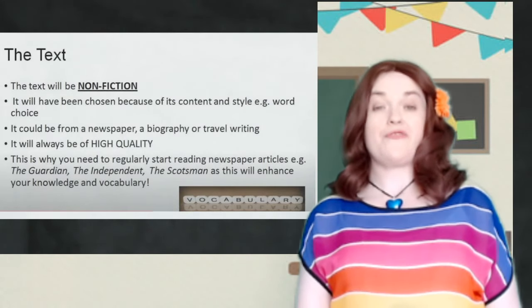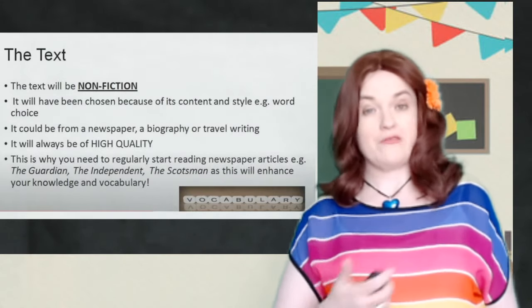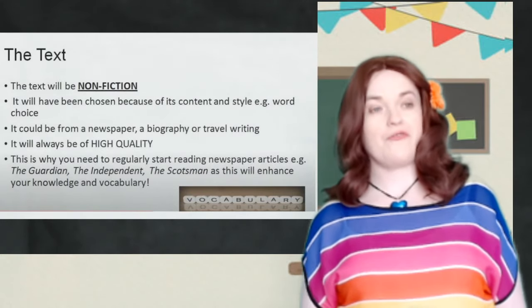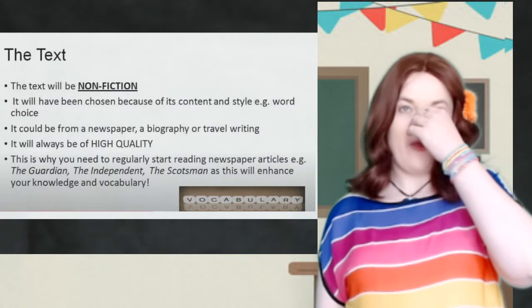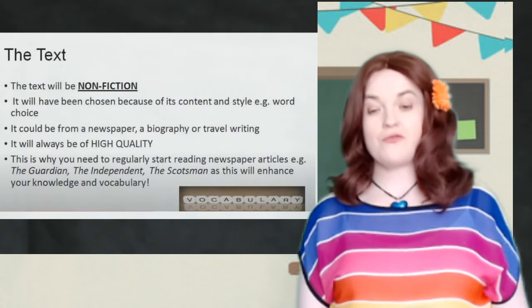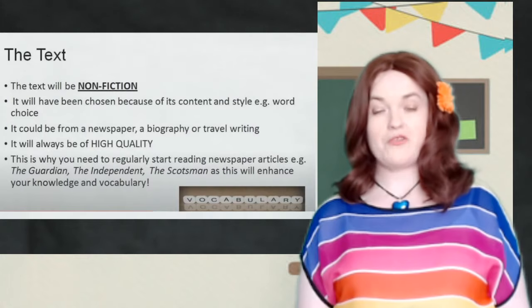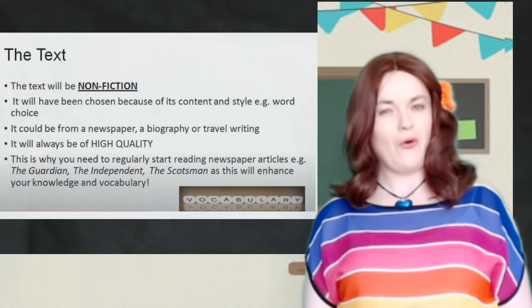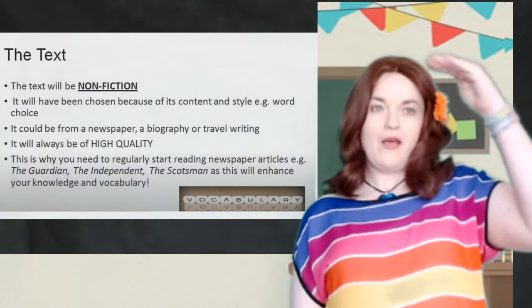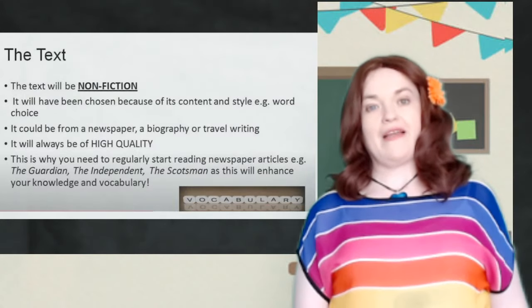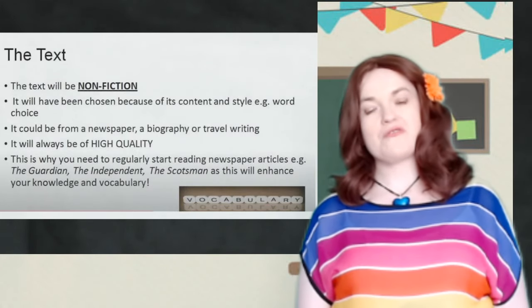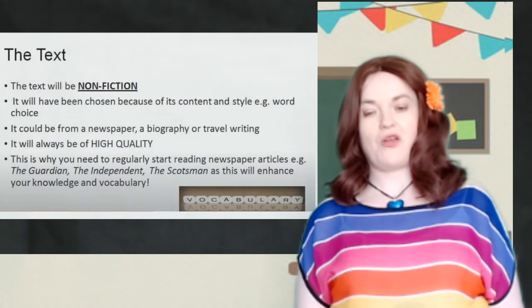So recent ones for Nat 5, for example, is football and your sort of determination to get better. McDonald's. So they have been picking much better topics. And it's high quality articles. Obviously it's going to be enough that you can find different techniques that have been used. So obviously it's got to be a decent quality.